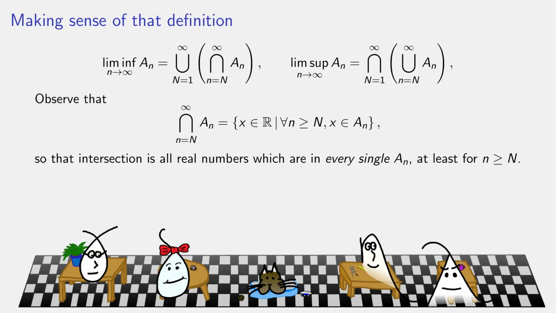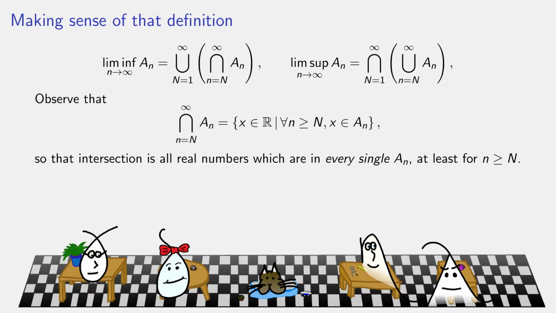Let's figure it out. So here we've got limsup and liminf, just the definitions restated. Now, let's take a look at this intersection that's part of liminf. What does it represent? It's the intersection of a sub n, where n goes from capital N to infinity.